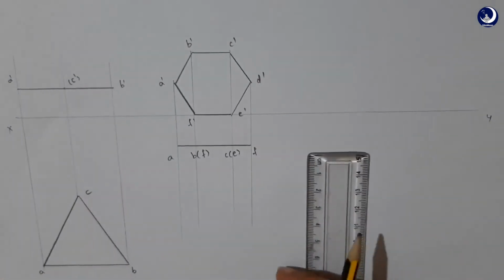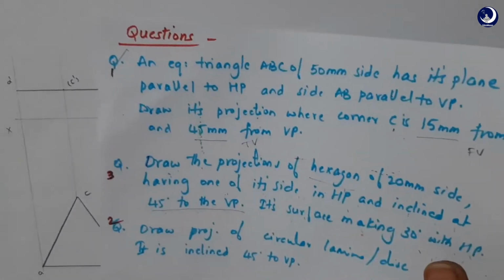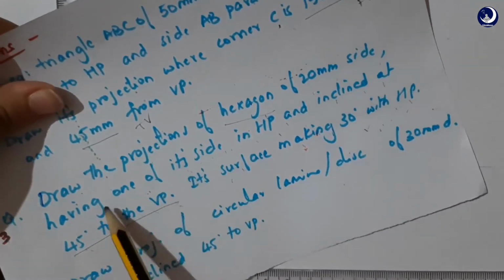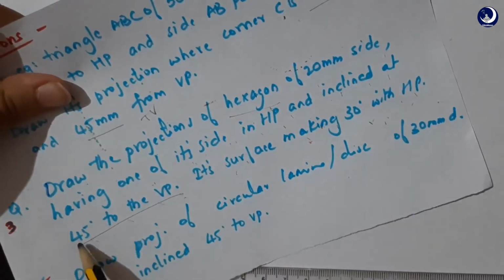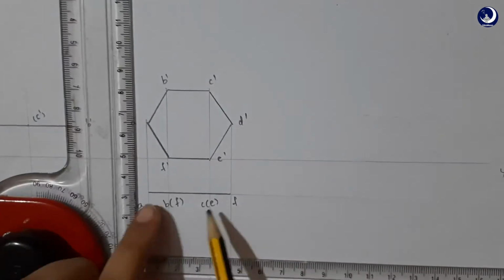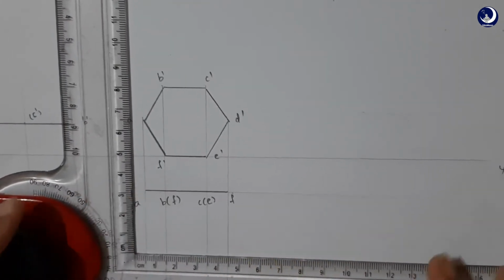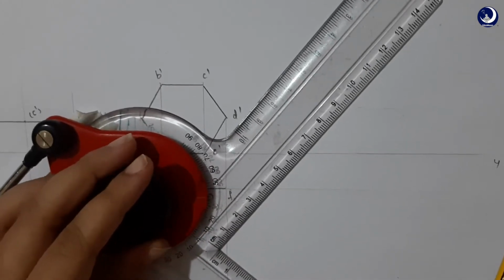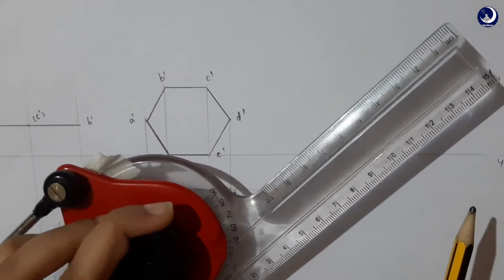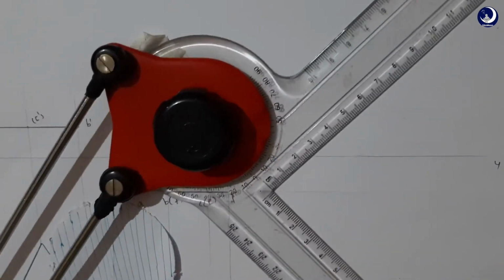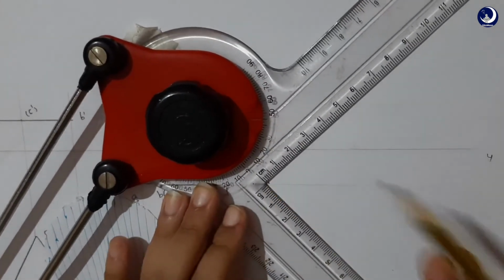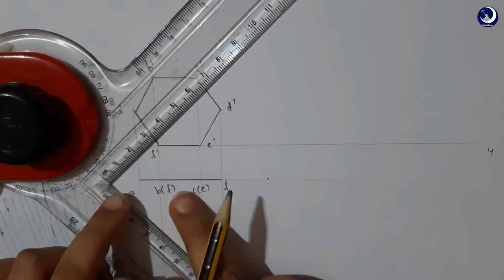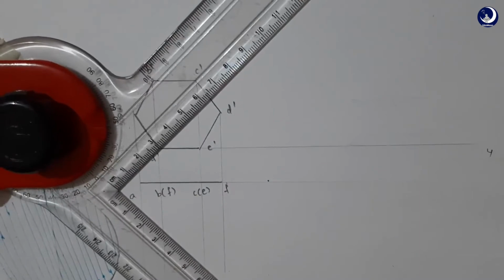The next step, what they've said, having one side in HP and inclined at 45 degrees to VP. That is, the top view 45 degrees to VP. So we will keep the drafter at 45. I'm going to mark a point here, and I have to get this line here with the exact markings.